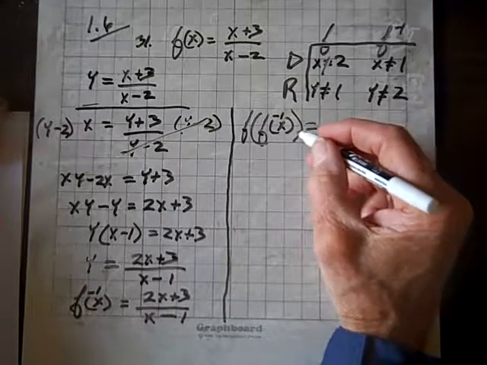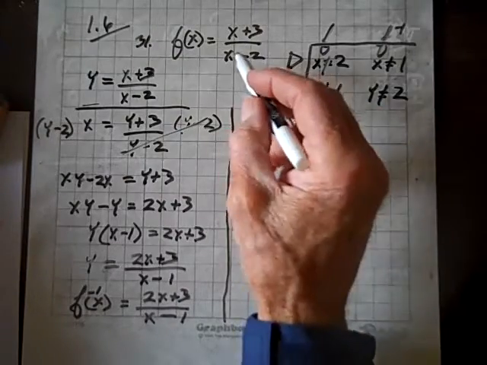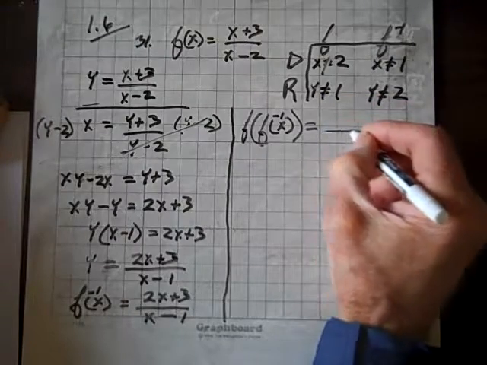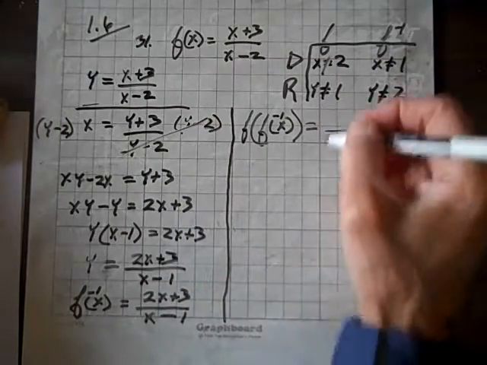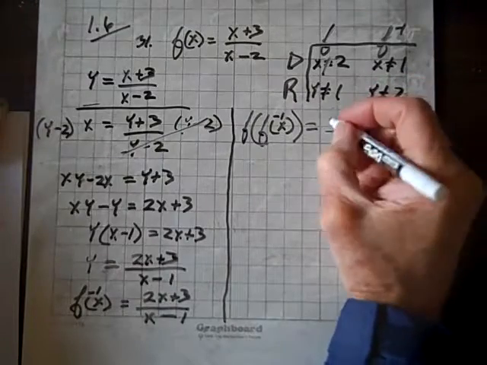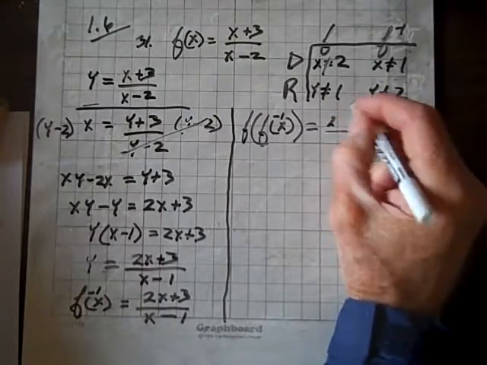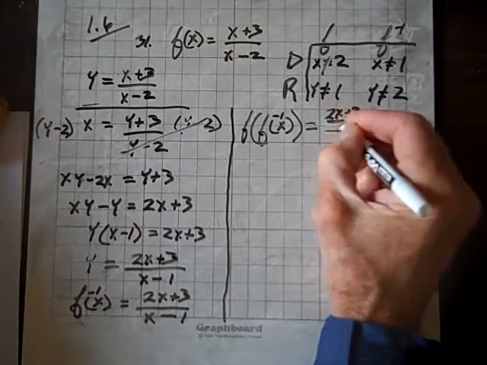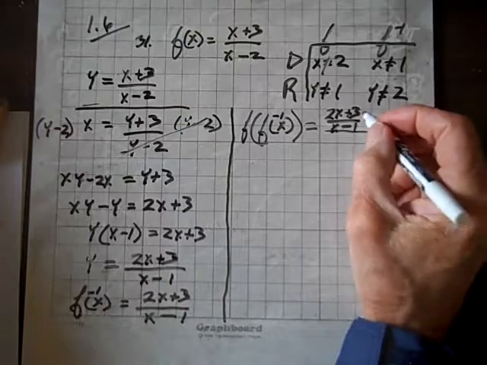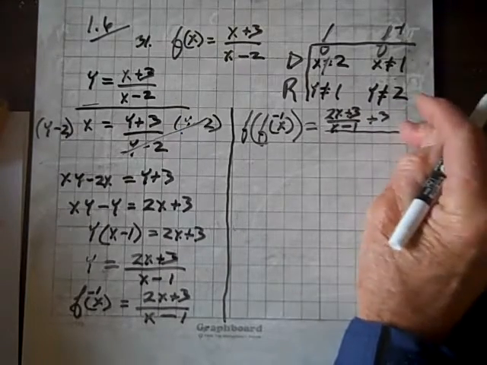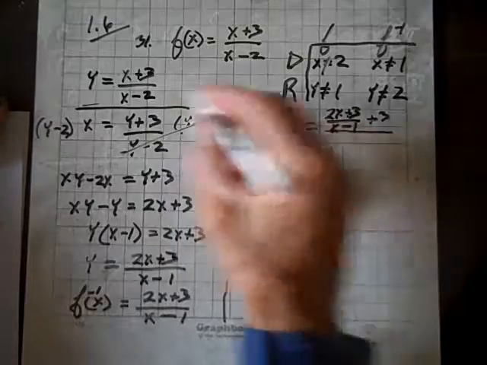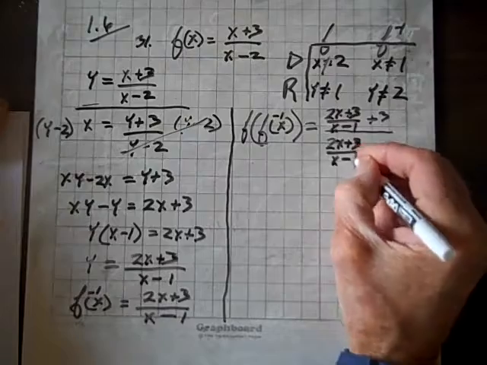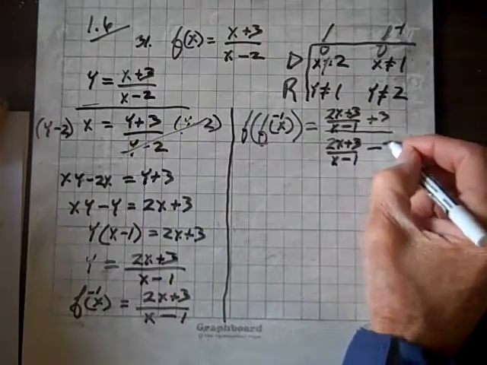So the composite of these is going to be, so this is f, so I'll replace every x with f inverse of x, but f inverse of x is 2x plus 3 over x minus 1. So we have 2x plus 3 over x minus 1 plus 3, over 2x plus 3 over x minus 1, and we've got a minus 2.